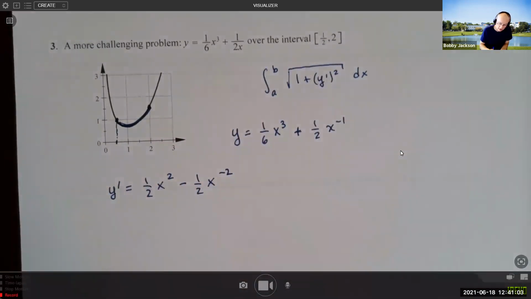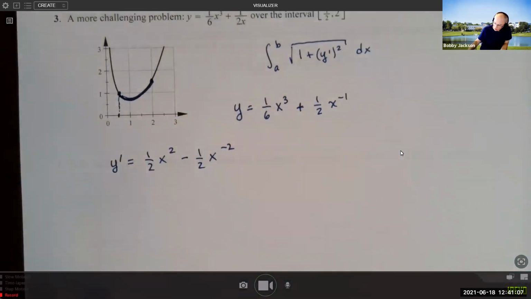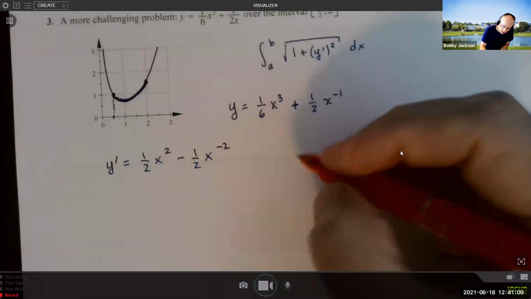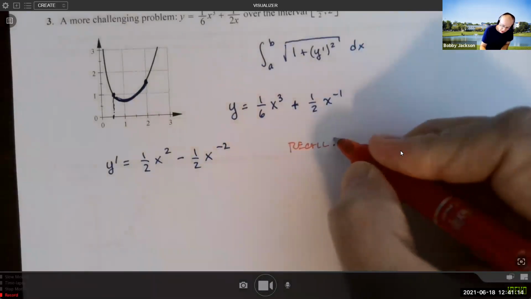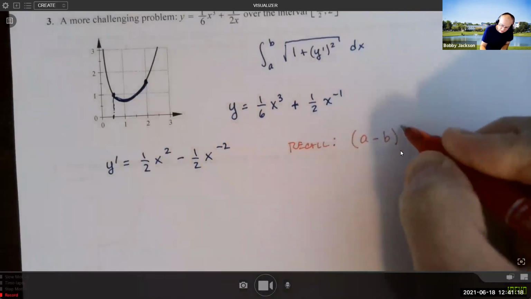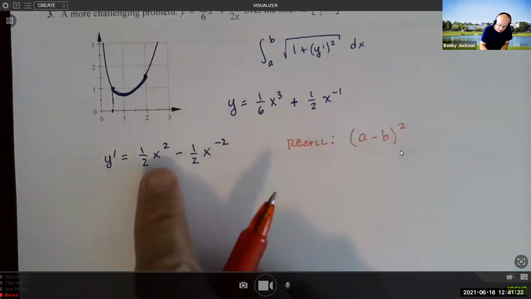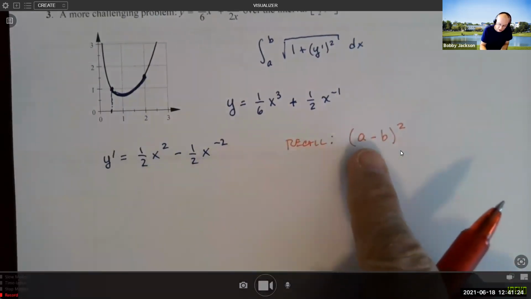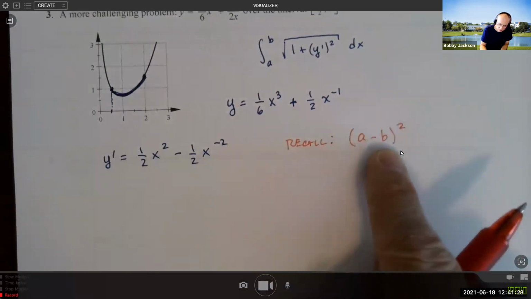Okay, so now I need to square this derivative. I want you to recall, be very careful when you're squaring binomials. Many of you have made mistakes, and we want to be careful about that. When you square the difference of two things, call them a and b, you simply can't square a and then square b and take the difference.